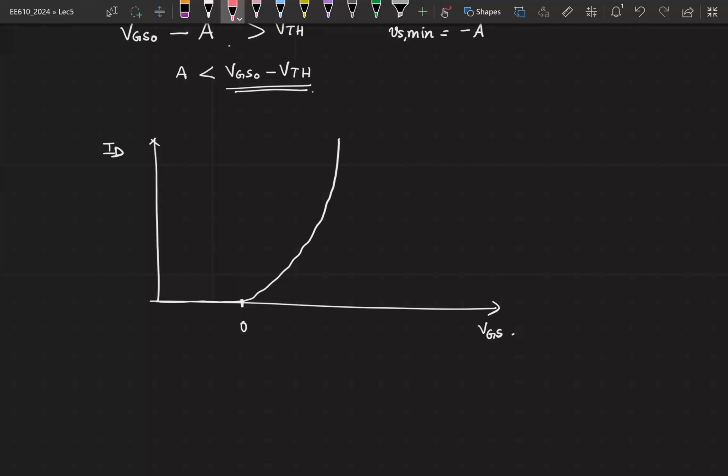Now, let's say that this was your original quiescent operating point corresponding to some VGS0 and ID0. In saying that ID0 minus Gm times A is going to be 0, all that I have done is linearized the curve at this operating point and assumed it to be a straight line.